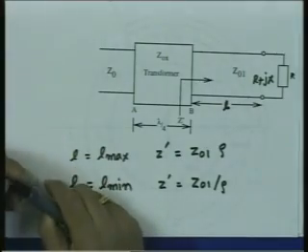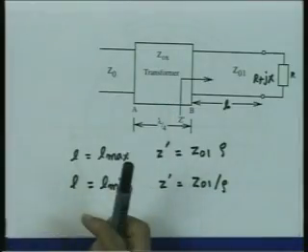Later on we will see that the characteristic impedance of a transmission line depends upon the physical dimensions of the transmission line. That means for every impedance matching we require a unique physical structure created for the transmission line, so that I get the precise value of this characteristic impedance.